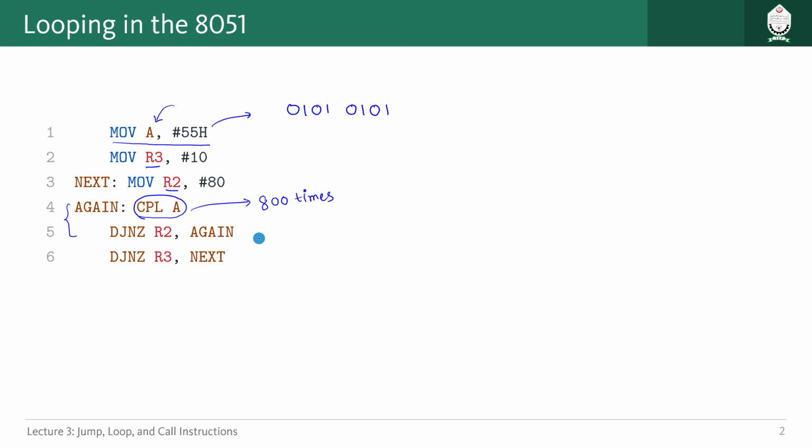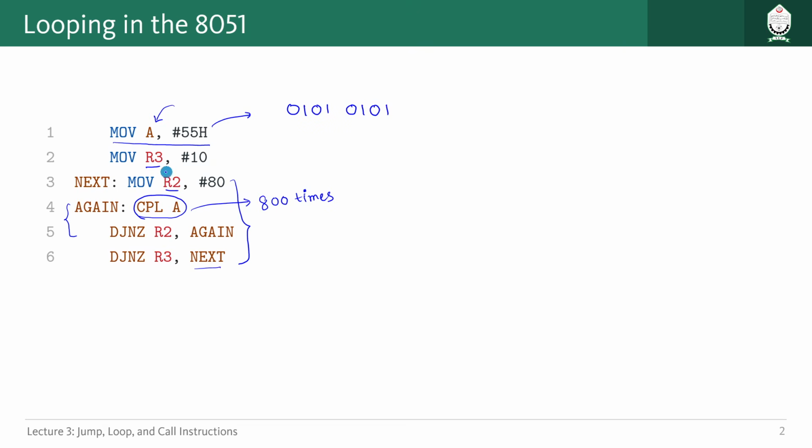And how we are doing that? With the help of these two particular registers. So you see we have two loops here. One of the loops is these two lines with again label, another one is these 4 lines basically, okay, with next label. So this is the inner loop, this is the outer loop. So how that happens?